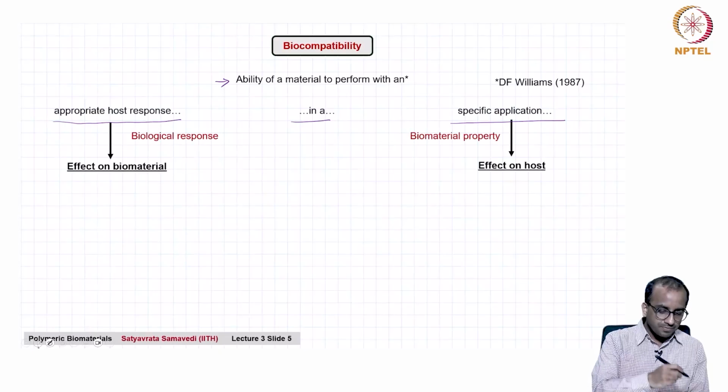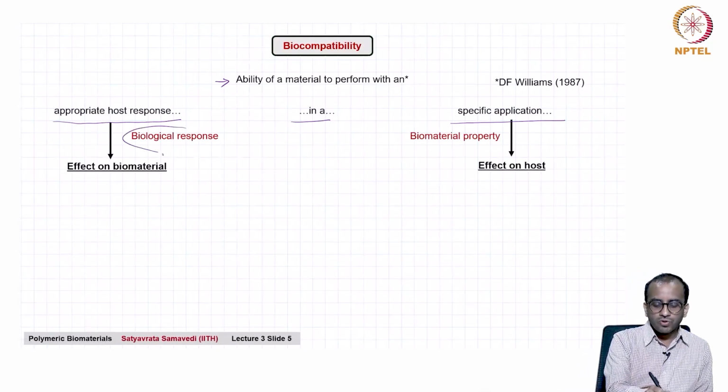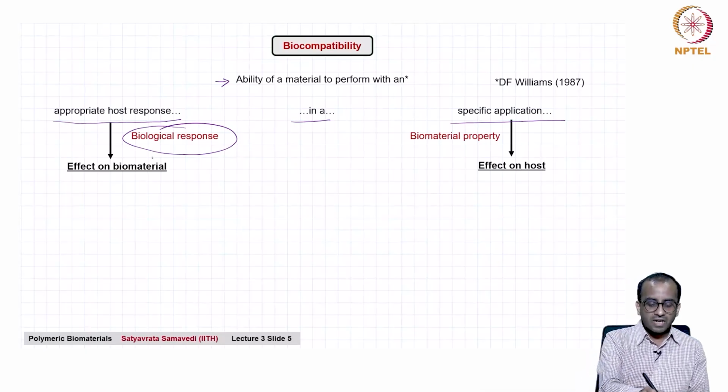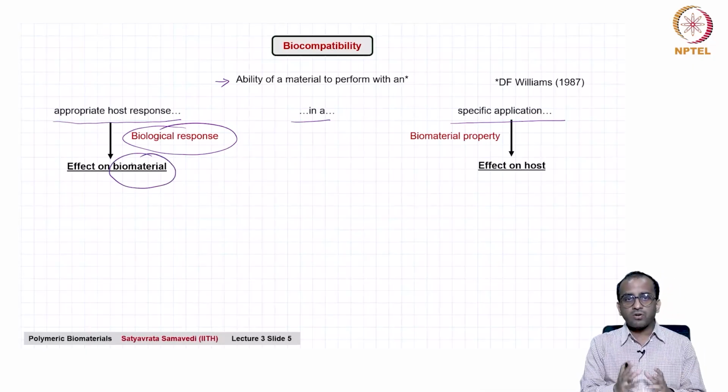For example, an appropriate host response has to do with the biological response. This is the biological system or the host perspective that I talked about on the earlier slide. And the effect that this has on the biomaterial is one component of that. And on the other side, you have a specific application.